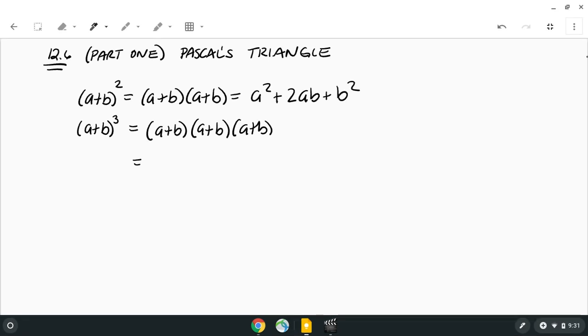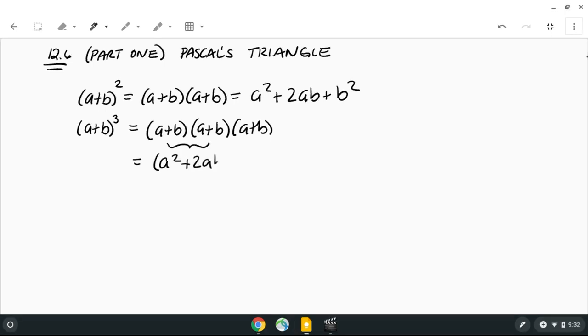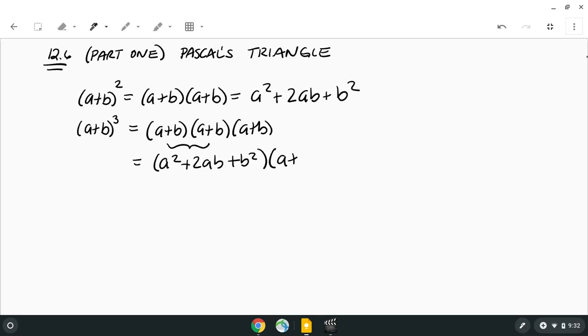So that means a plus b times a plus b times a plus b, right? Well, we already know what part of this equals. That's just going to be a squared plus 2ab plus b squared. So now we have to distribute that.